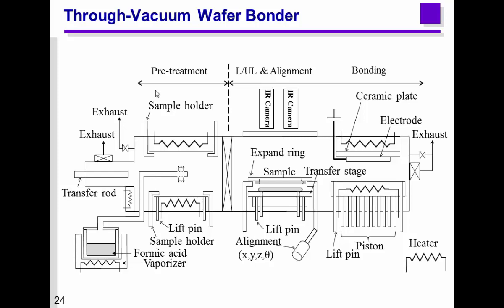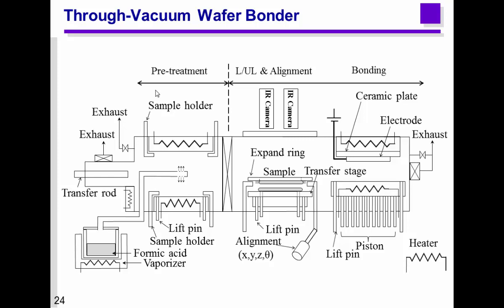We developed our own wafer bonder. This is a through-vacuum wafer bonder. Three chambers are integrated and connected in vacuum. This is an alignment chamber, and on this side there is a treatment chamber. Sometimes we use copper. Copper has an oxidation problem, so the oxide must be removed.